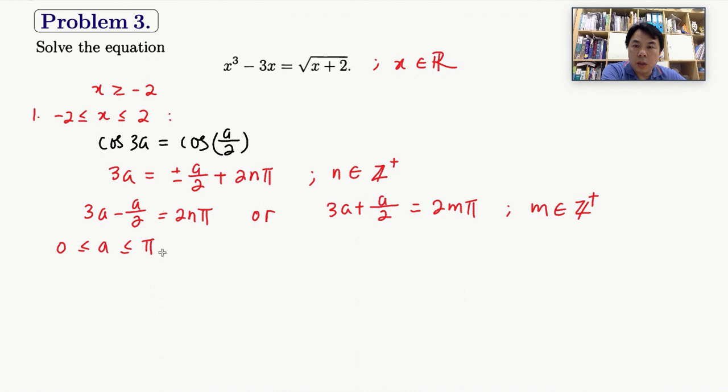So knowing that, we are going to try this out. For n equal to 1, we have here 5 over 2 A is equal to 2π. Therefore, our A will be equal to 4π over 5. Because A is located between 0 and π, yes, this one is accepted.